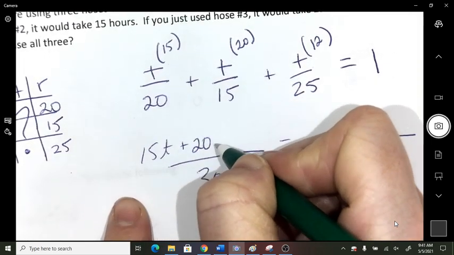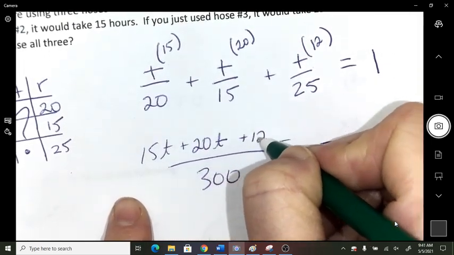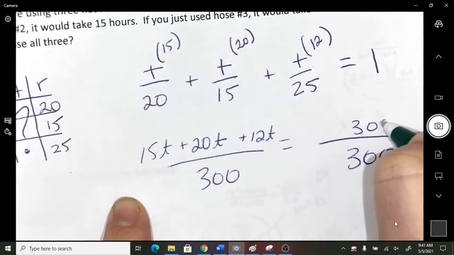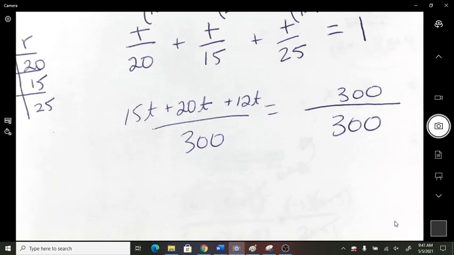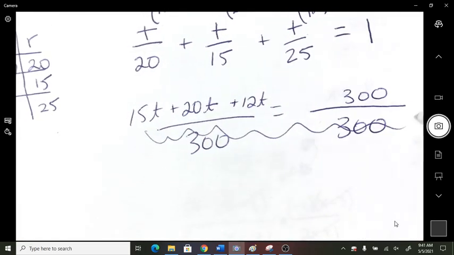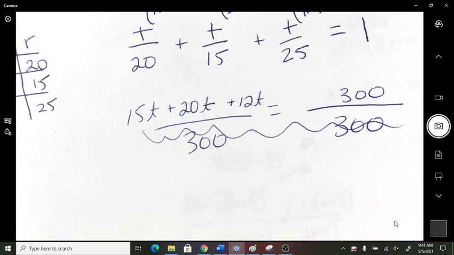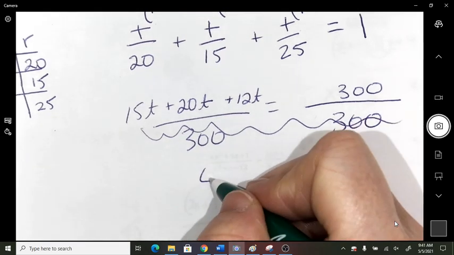I feel like I should not use a t as a variable. T and a plus sign together. Okay, common denominator drop. It's gone. What do we get there? 15, 20, 12, 47.